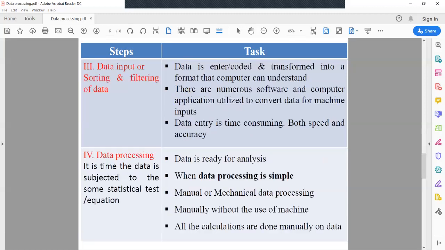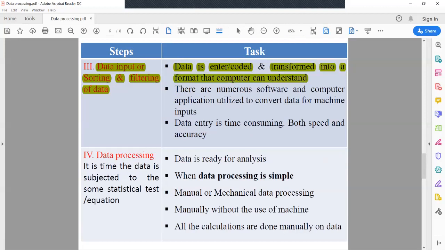The third step is the data input, or data sorting or filtering, stage of the data processing cycle. Here data is entered or coded and transformed into a format that the computer can understand.